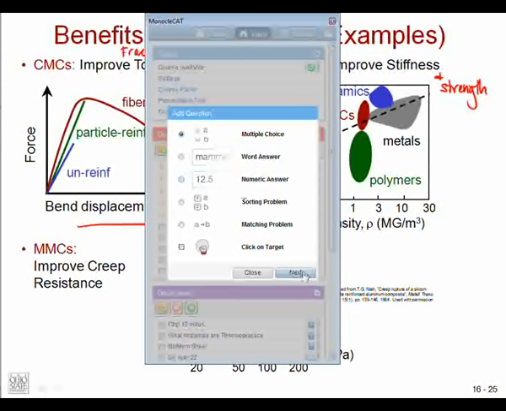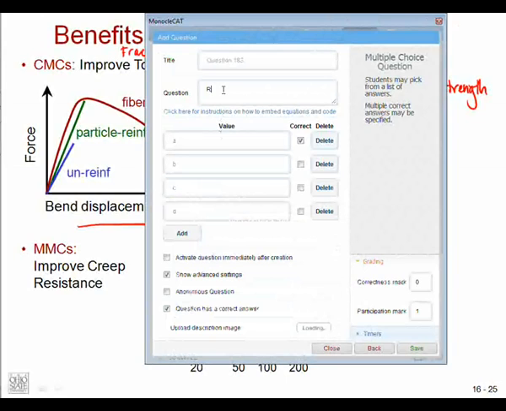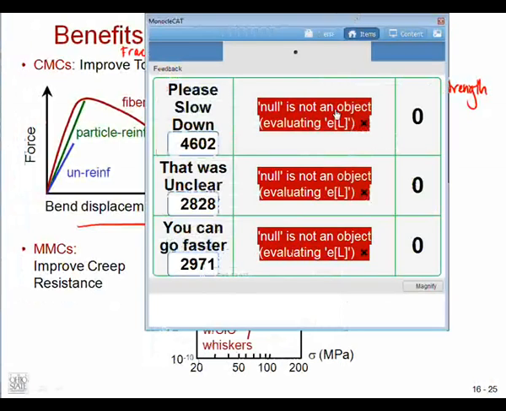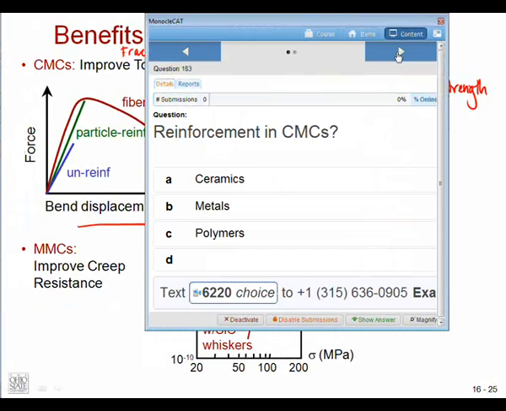Do you think ceramics, metals, or polymers? We're trying to improve the fracture toughness.